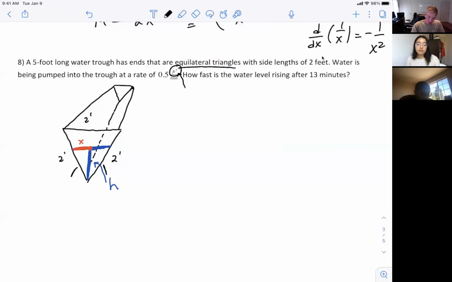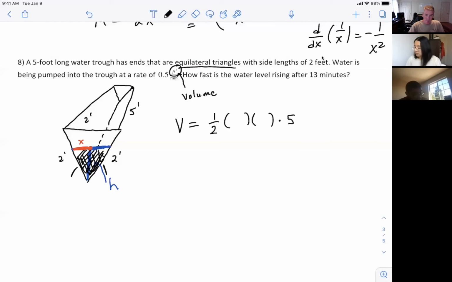Well, this part right here that says cubic feet, that's volume. So we need to find out what's the volume of water. Well, this is a triangular prism. So basically you just find the area of this triangle right here. And then because it's 5 feet long, you just multiply that by 5. Well, area is 1/2 times the base times the height, and then multiply that by 5.